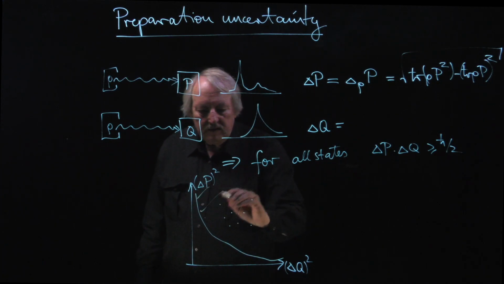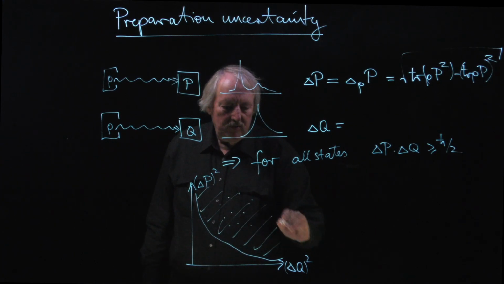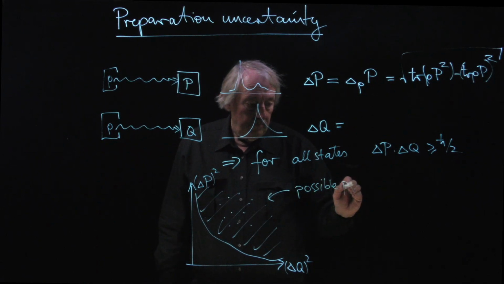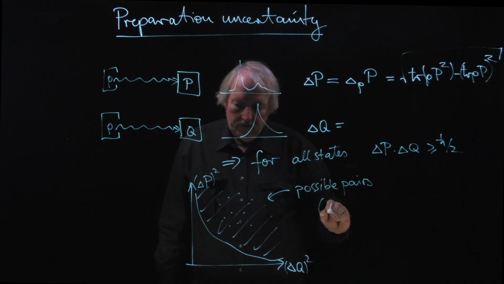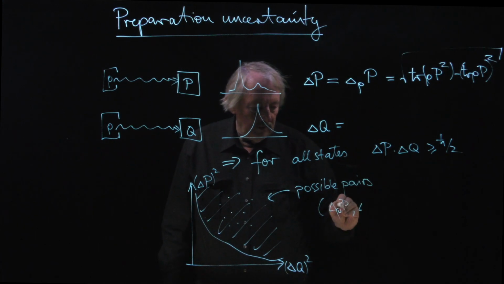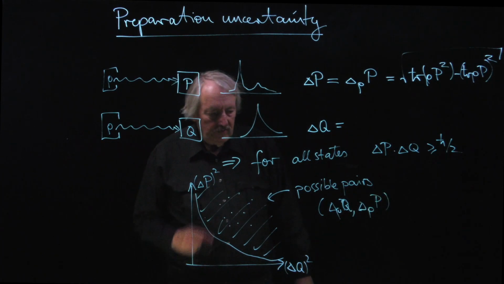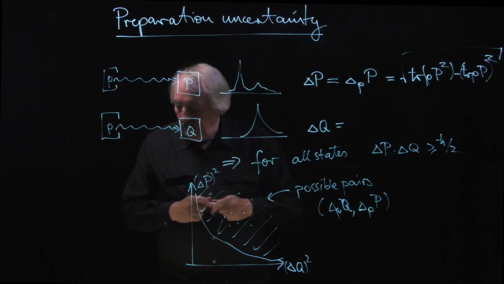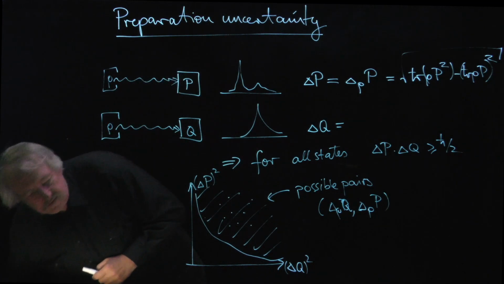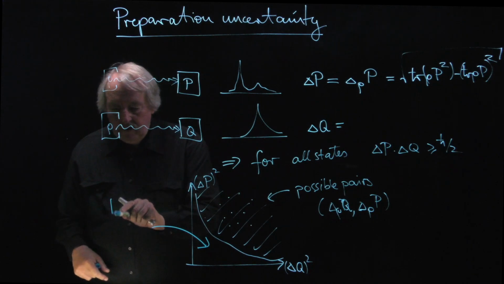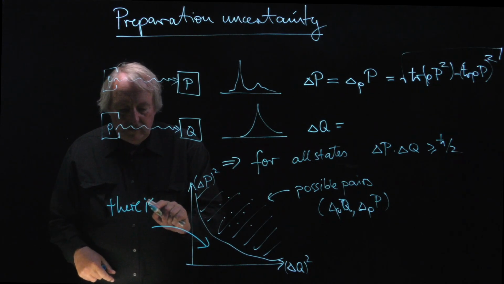So this is the set of possible pairs of delta Q and delta P, with the Q axis first. The statement of the uncertainty principle really is that there is white space at the bottom.